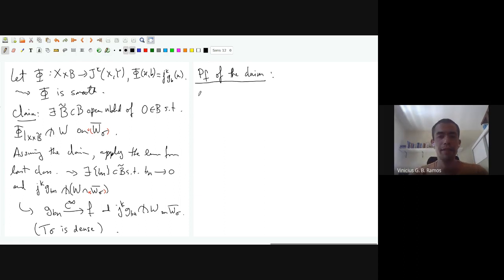So now I'm going to define epsilon to be 1/2 of the distance between the image of wj bar. So this is a compact set. When I look at psi of this, it is a compact set, and I know that the bump function rho 2 is equal to 1 in a neighborhood of this compact set.